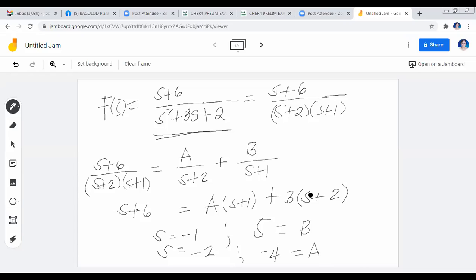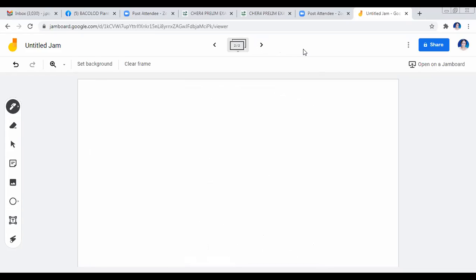Now, having the values of A and B, you're now ready to invert. This is how we write the inverse Laplace. We use the bracket: s plus 6 over s squared plus 3s plus 2.